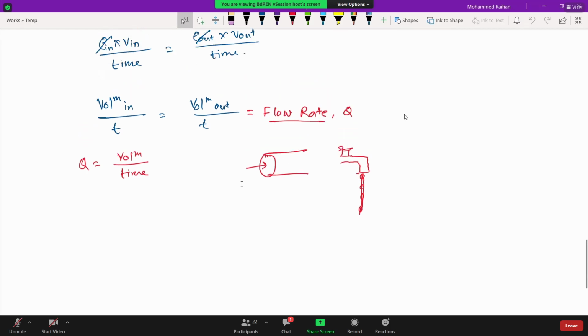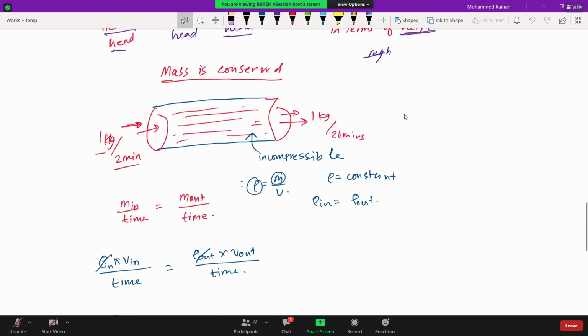Let me go here. What is the volume at this section? Can I say volume is this area and this length, and let's say the area is constant?